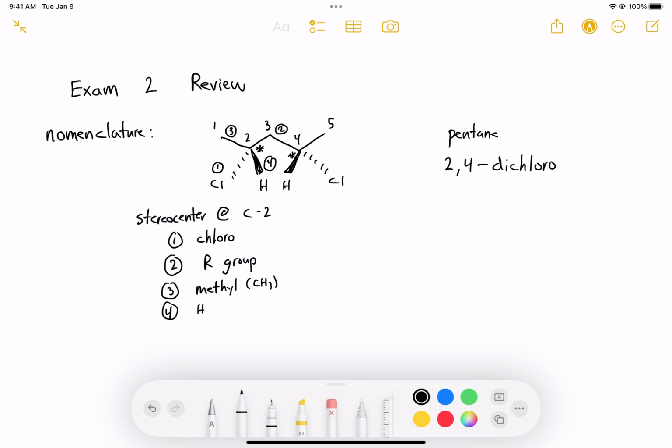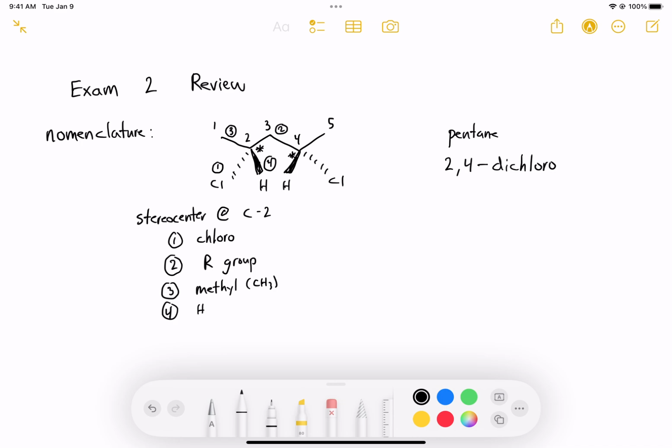Okay. So my way of doing it is, you can do the way you were taught, but if you've heard of the right-hand rule, like in physics, you can use it here too. So my hydrogen is priority 4, and it's wedged. So that means it's going to come out of the plane of the paper.